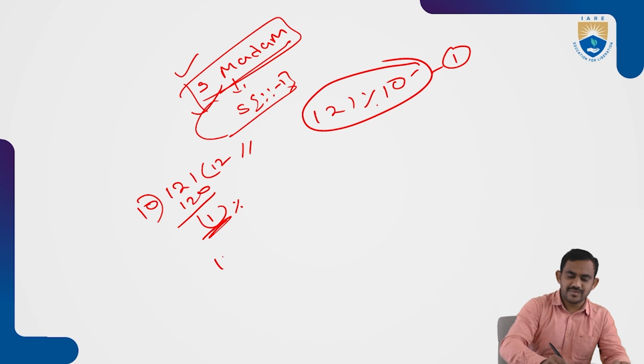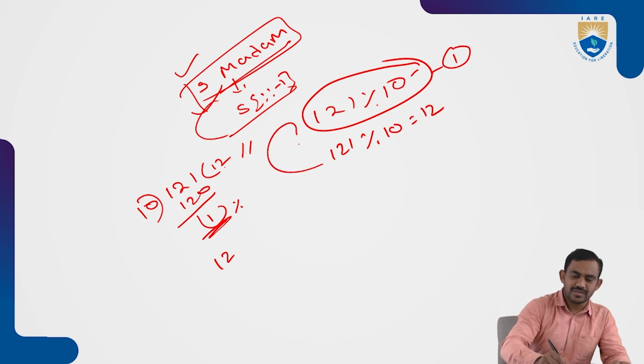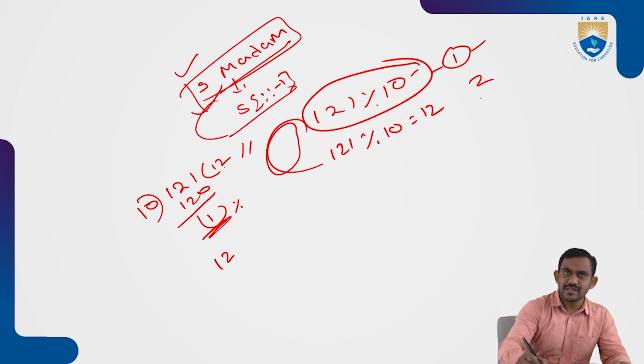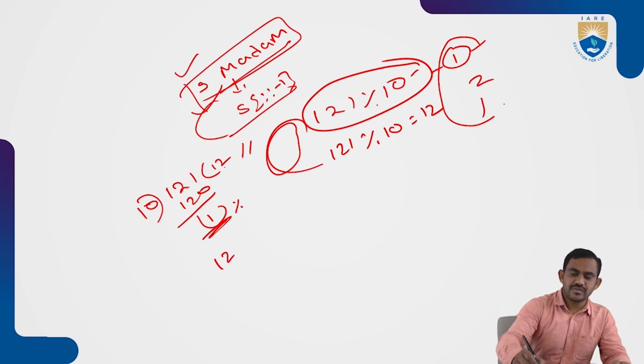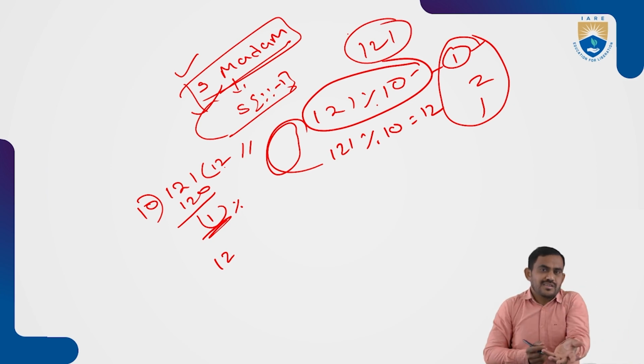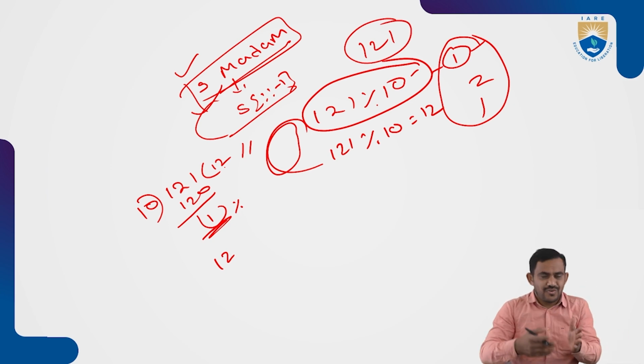Then divide by 10, and we have 12. Again the same process: 12 modulo 10 gives 2, then we have 1. So this is 121, and this is also 121. Then we can solve it like that, using division, floor division and modulo.